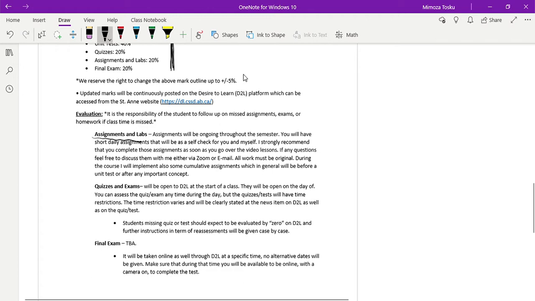So let's suppose that you have a certain condition that you cannot complete the daily assignment, or you may not complete the quiz or the test, and you know prior to that, then I will be happy to know that this is what is happening, and then we will do a special arrangement between individuals. Those daily assignments will not be too long, short in general.